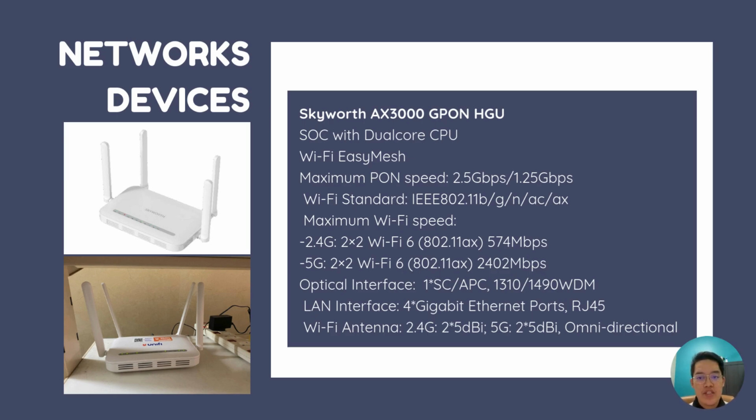And the maximum Wi-Fi speed for 2.4 GHz is almost 574 Mbps, and 5G is almost 2402 Mbps. The optical interface consists of one SC/APC, and the LAN interface has 4 gigabit Ethernet ports RJ45, and the Wi-Fi antennas are 2 for 2.4G and 2 for 5G, all omnidirectional.